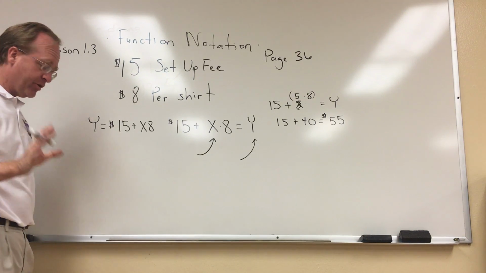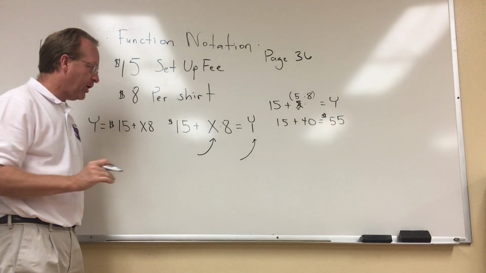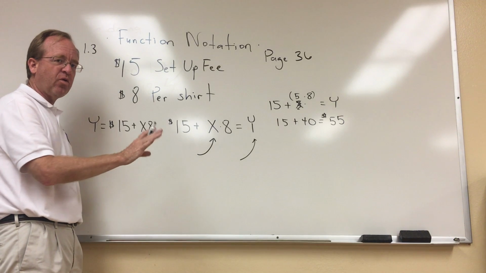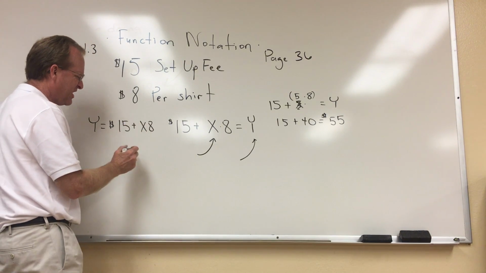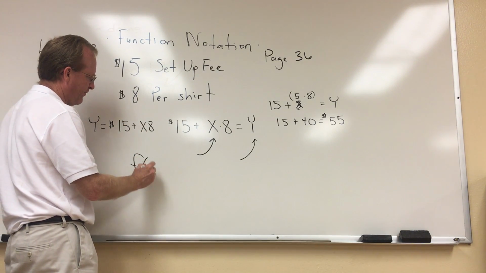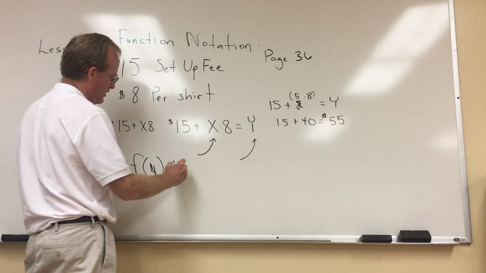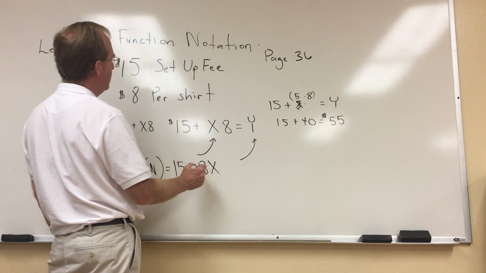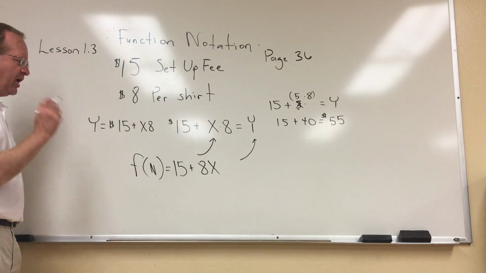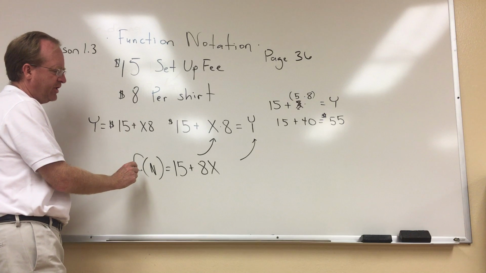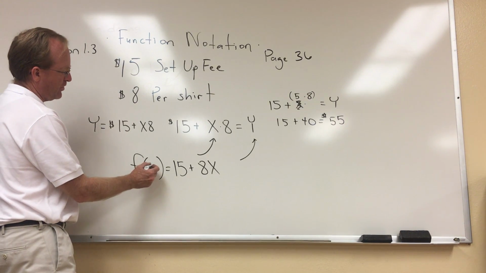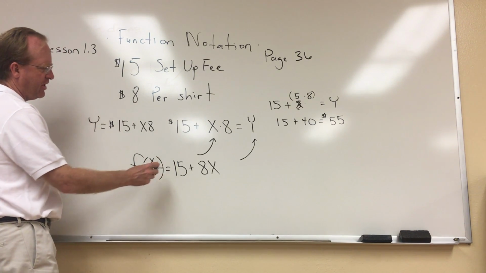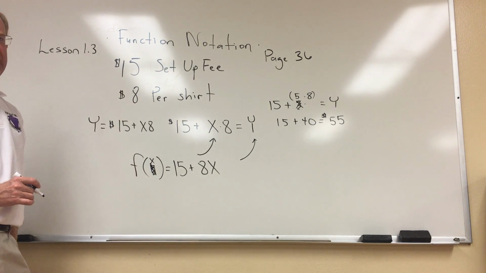Now, as you're working your way from here forward, you're not going to see it in this format a lot of times. You're going to see it written like this. It's going to be written function of x, I'm sorry, I should have put an x there, is equal to 15 plus 8x.